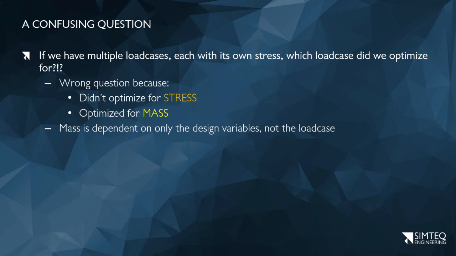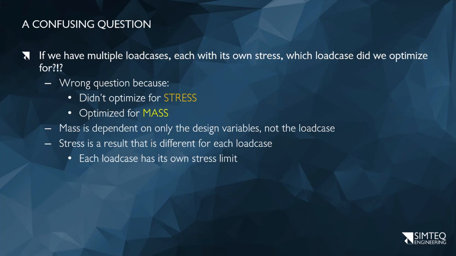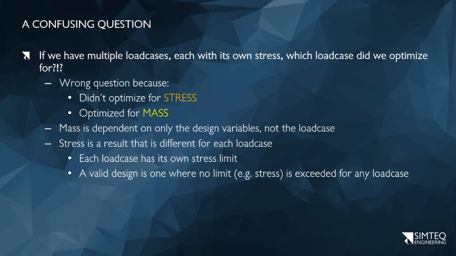Variables, meaning if I specify every one of my design variables a number, I've got a fixed design. I've specified my plate thickness for plate 1 is 10 millimeters, for the next one is 12, and that is my design. So there's one mass associated to this. We don't have a separate mass for every load case. The stress is different for every load case, and every load case has its own stress limits.